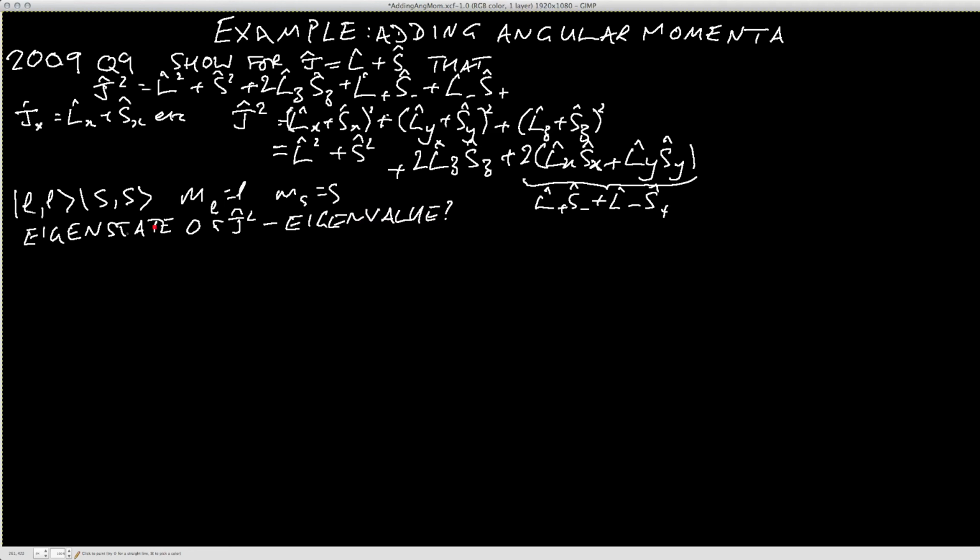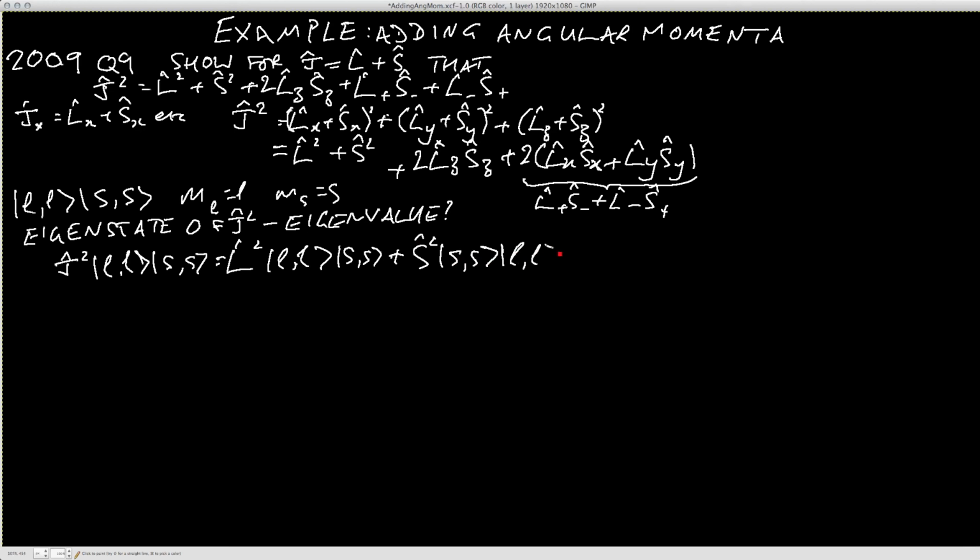So what we're going to do is use that formula we just created, and so we have J squared acting on L comma L multiplied by, or tensor product with, S comma S. And that's going to be L squared on LL SS plus S squared on SS LL. I really shouldn't change the order there, but it makes it slightly simpler to see. Normally you should leave the L first.